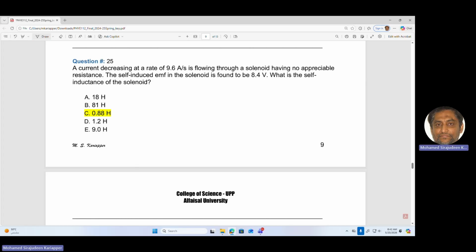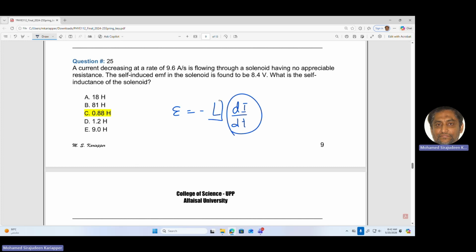We say the EMF on the coil, the back EMF from the inductor, will be minus L times the rate of change of current. This is how you define the self-inductance of the coil. So this is the equation. You see that? Okay, so we need everything.